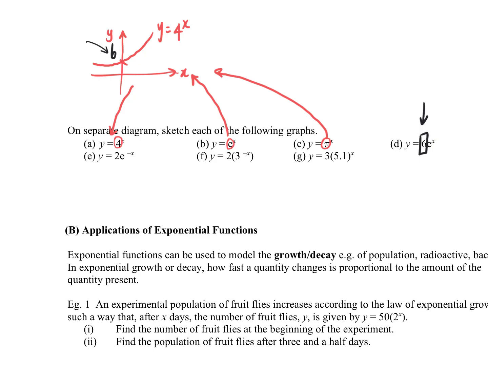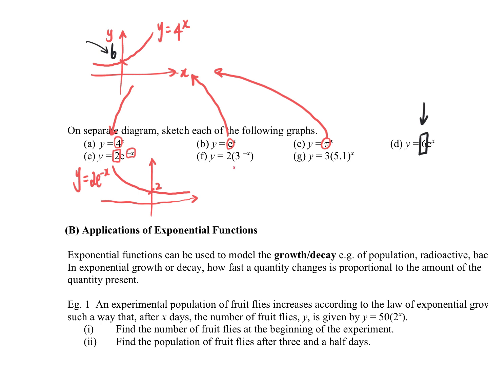Okay? Then, when it's negative power, same thing. Instead of that side, we go to the other side. Okay? But the y-intercept value is 2. But it's still the same shape. So y equals to 2e^(-x). So the shape is all consistently the same.